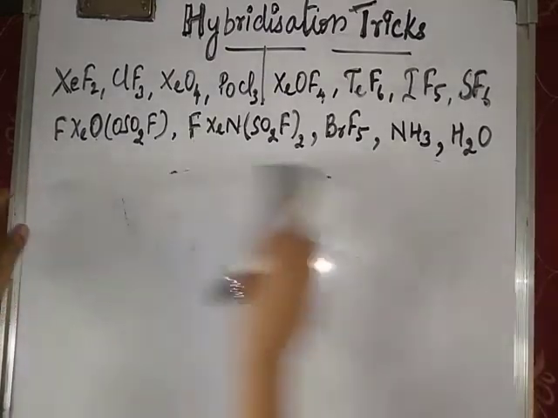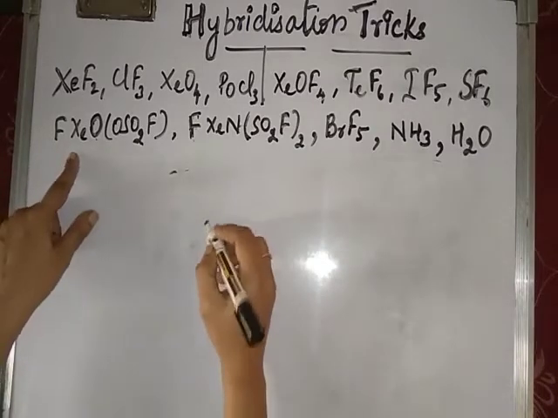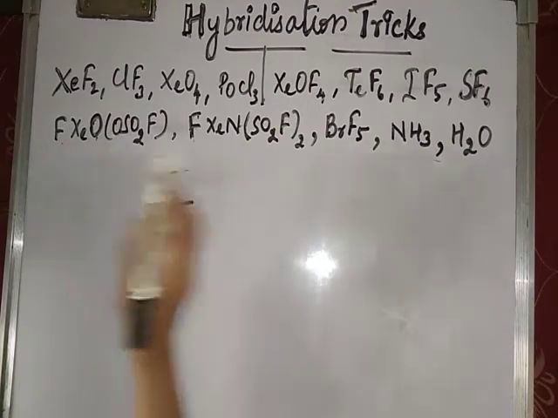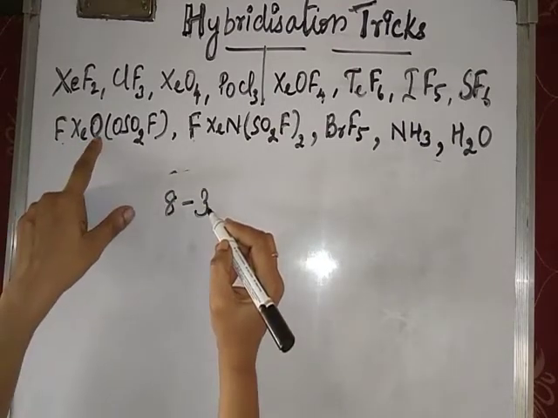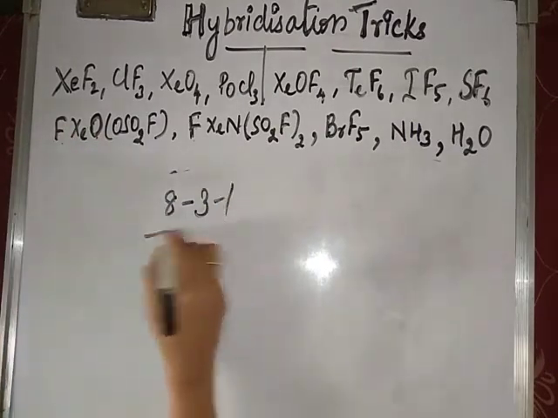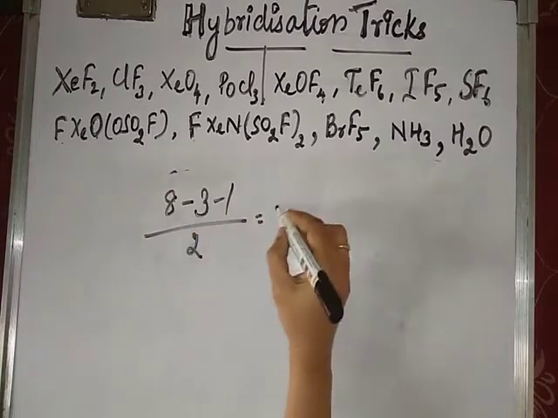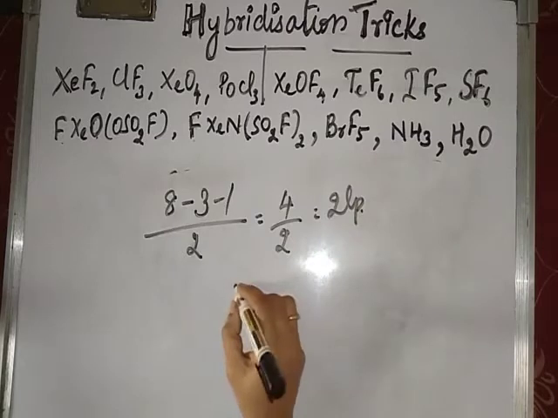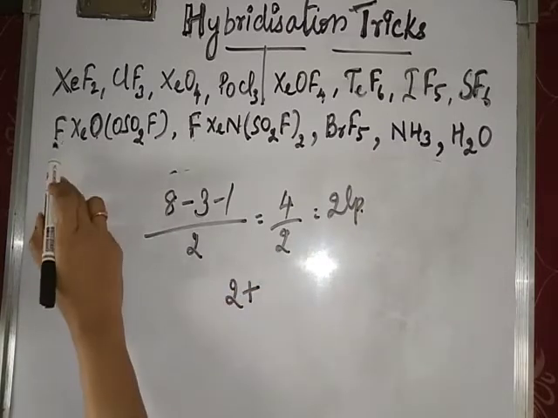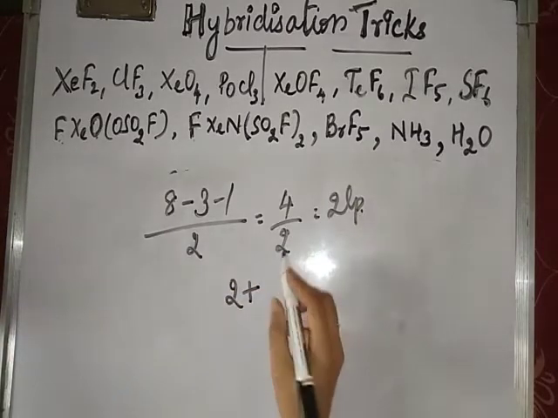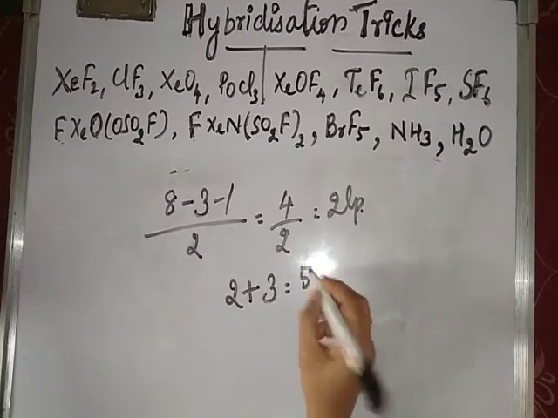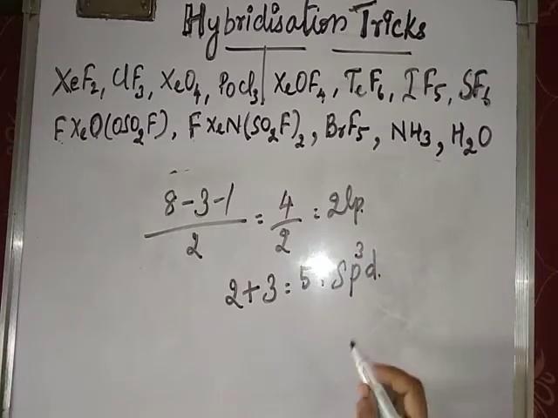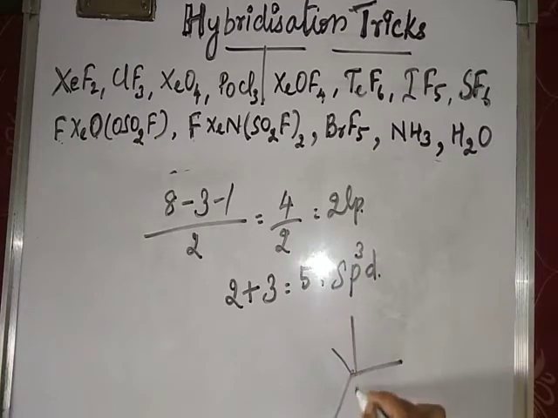And the next one, xenon. Xenon is 8, minus 1, 2, 3. 3 is there. In this, oxygen is 1, so 8 minus 4, divided by 2, which is equal to 2 lone pairs of electrons, plus how many bond pairs? 1, 2, 3, which is equal to 5. sp3d means trigonal bipyramidal.